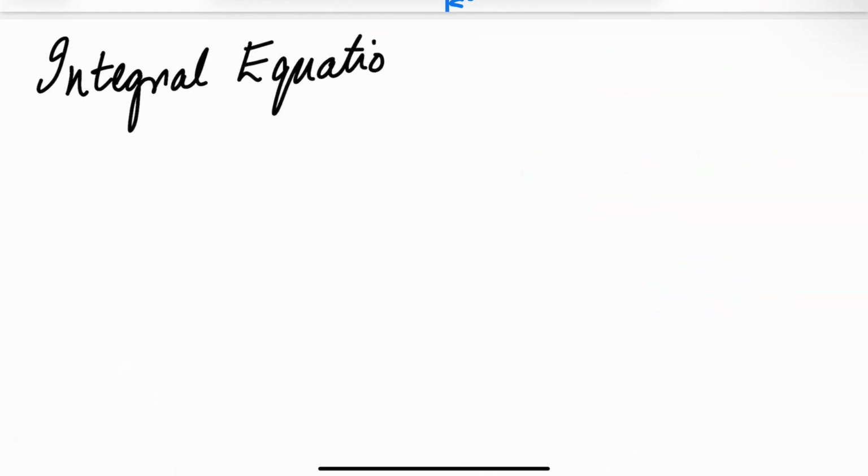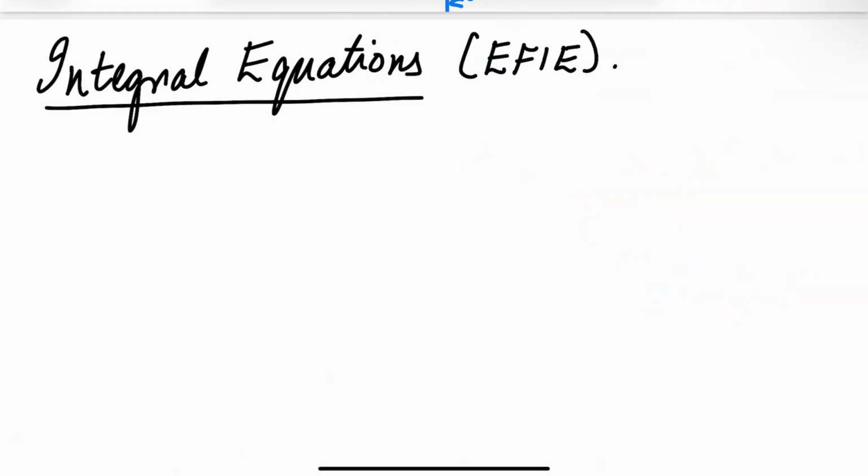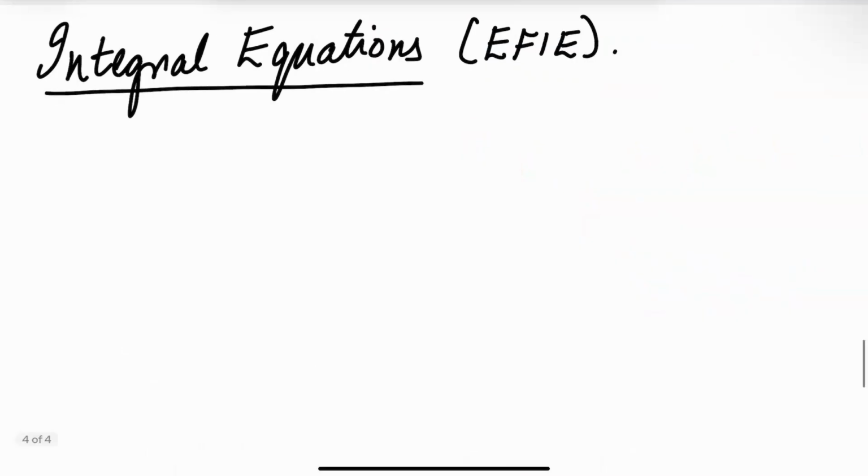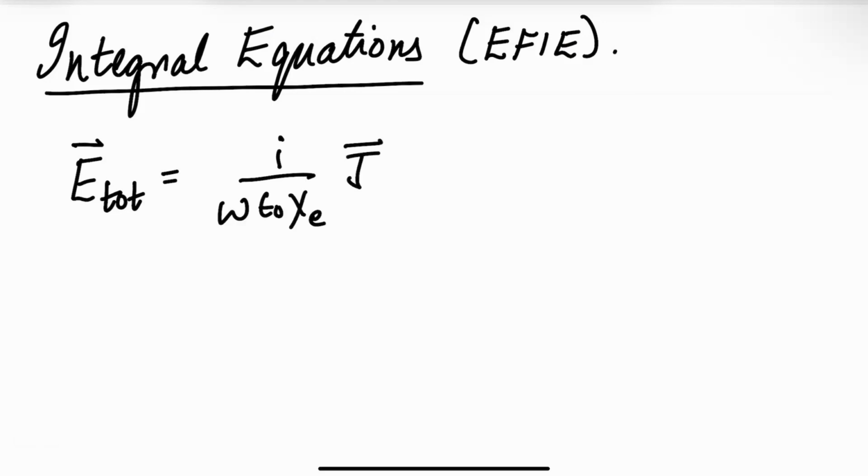Integral equations. Especially today we'll look at the electric field integral equation and how to solve it numerically. So we have two equations relating E and J. So we have E total equal to i over omega epsilon naught chi times J. And this was for dielectrics.